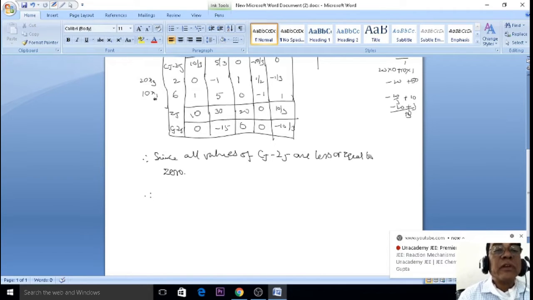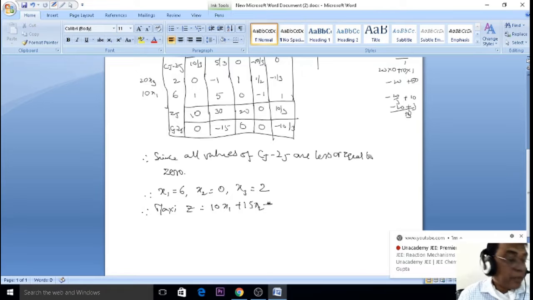See this, I need the x1. Don't take 10x1, only x1. x1 is equal to 6. There is no x2, x2 is equal to 0. x3, see here, x3 is equal to 2. Therefore maximize Z is equal to, what is the Z equation here? 10x1 plus 15x2 plus 20x3.